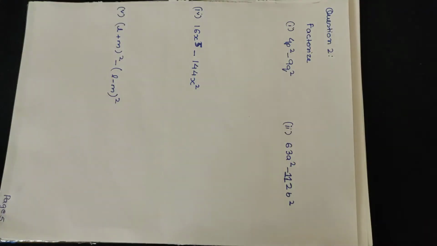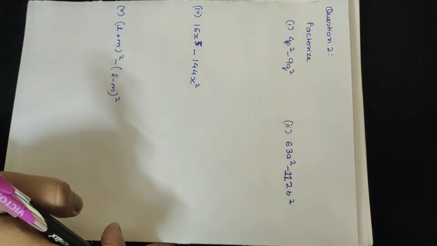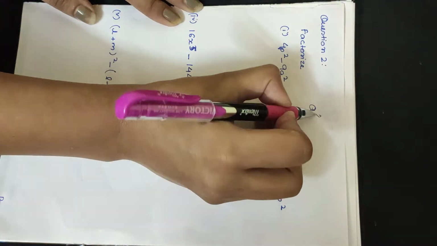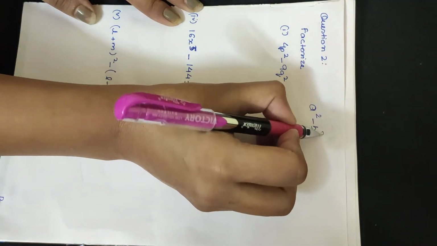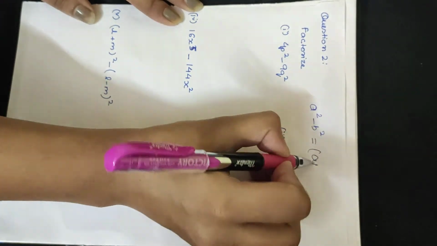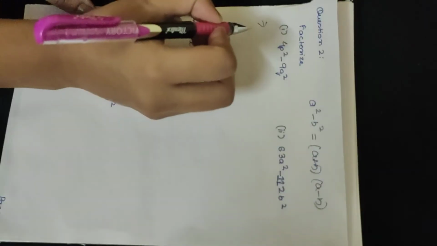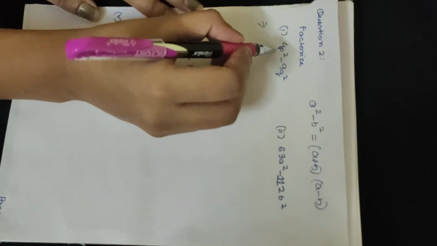Now we come to question number 2 of exercise 14.2. Sum number 1 is 4p square minus 9q square. Which formula is it? We are using the formula A square minus B square equals A plus B and A minus B. First of all, what will be the square?